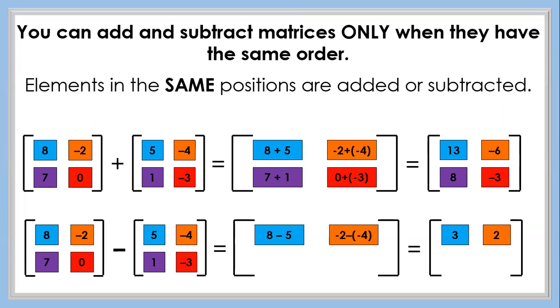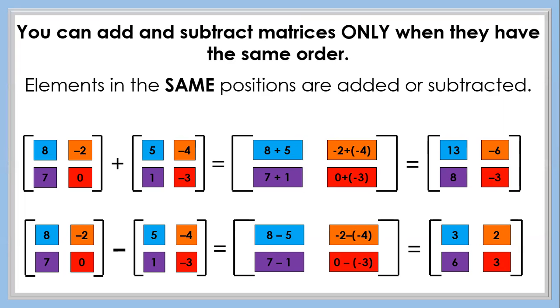Third with third, 7 subtract 1 equals 6. And fourth member with fourth member gives 0, subtract negative 3 gives a result of 3. Did you get 3, 2, 6, 3 for your answer? You are brilliant.